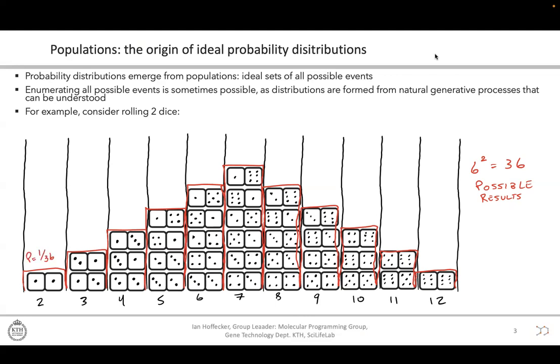And if we go through each of these columns and just count the number of events, in the case of the net 2, there was 1 event corresponding to a net 2, and there are 36 possibilities here. So we can get the probability of this event, right? It's 1/36. We can do that again for the net 3. There were 2 possible ways to roll a net 3, so its probability is 2/36.